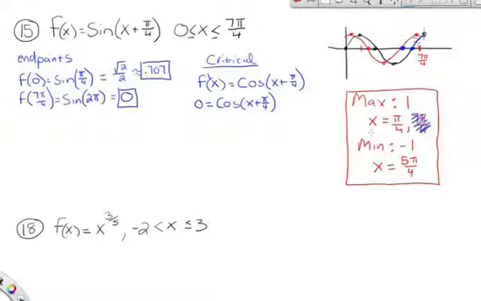I know that if we look at a graph of cosine, which I'll sketch in down here, we start at 1, so we know that we're going to be 0 at pi over 2 and at 3 pi over 2. But that's not what x equals, that's what x plus pi over 4 equals.